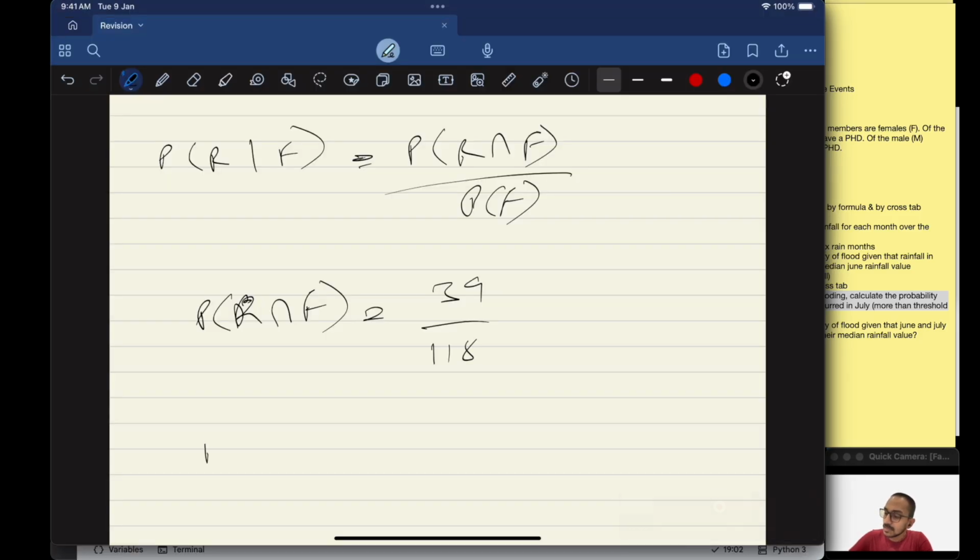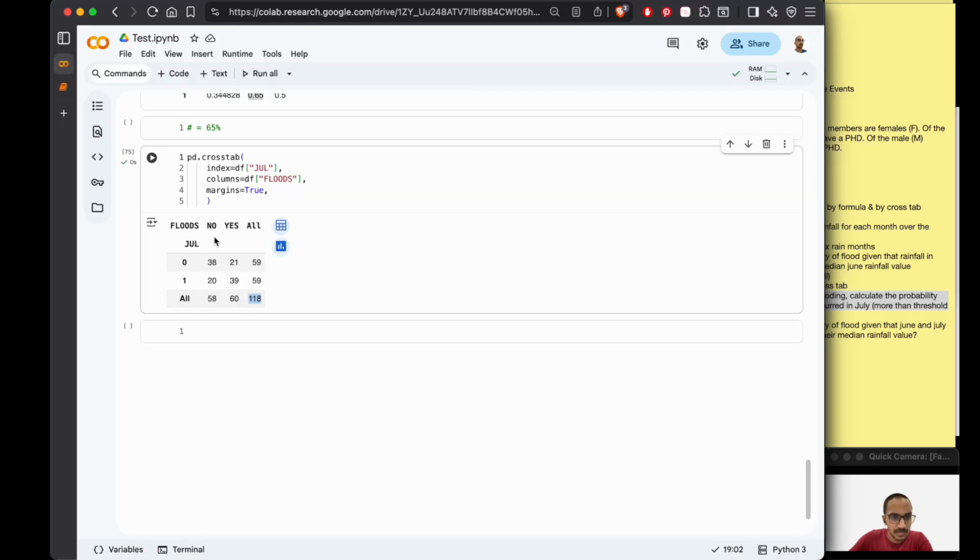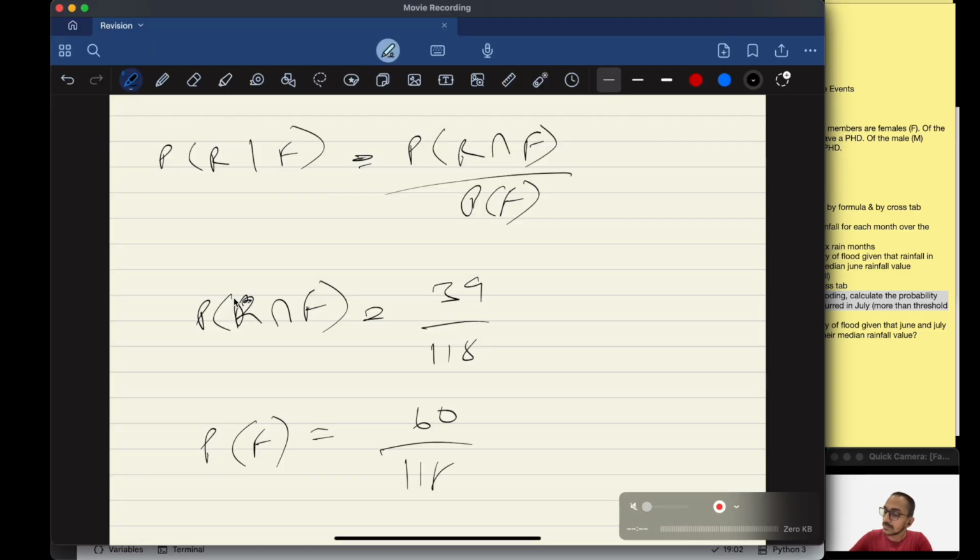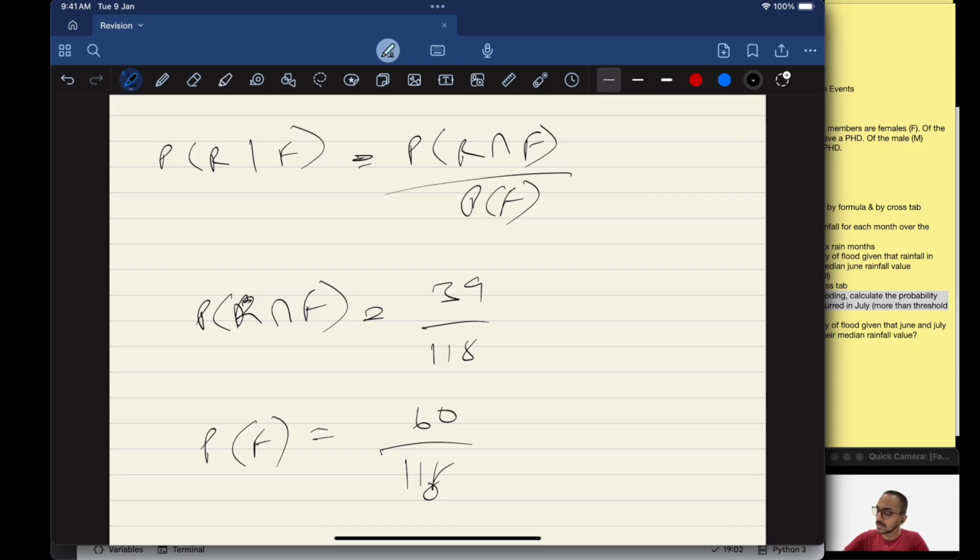Then we will compute P of F, which is total floods. In this case, total floods will be 60, right? 60 over 118 overall. So let's try to compute this and plug it into our formula over here.